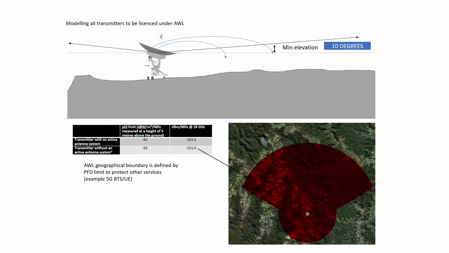Here the simulation is based on an Earth station transmitter with variable elevation and azimuth orientation, because like we said, it's NGSO, so the tool is going to vary the antenna orientation and compute the emissions for all possible combinations. Finally, it cuts off the emissions following the PFD limits, as you can see here. These PFD limits will be applied to the footprint, and based on the footprint we can establish the license boundary required.